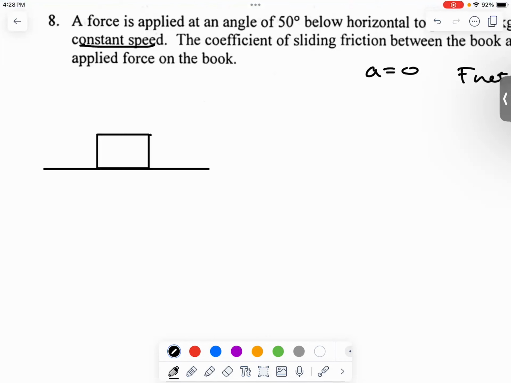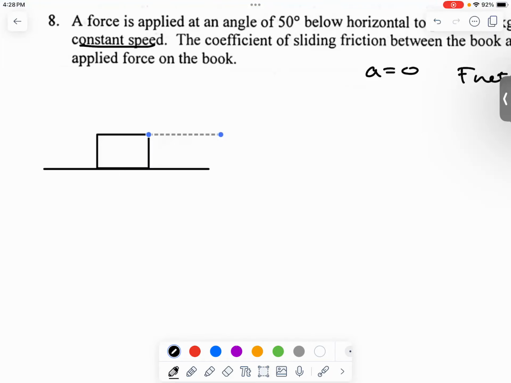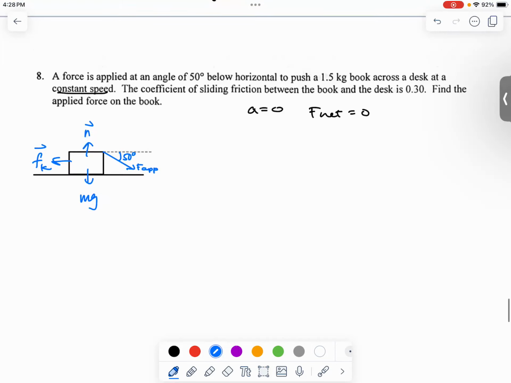So how do we draw this force? The applied force would be like this. Okay, that's the applied force. And then we have our weight, we have our normal force, and of course we have our friction, and it should be kinetic friction.